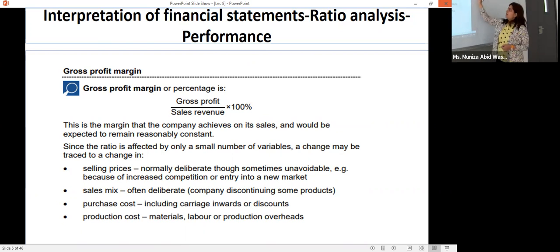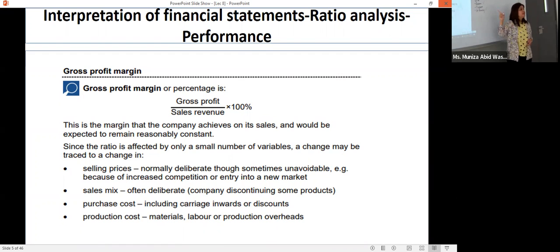Under cost of goods sold, what do we have? Under cost of goods sold, we have opening inventory, add purchases, add direct expenses, minus closing inventory. Possibly, we are not concerned about opening inventory, purchases, and closing inventory.